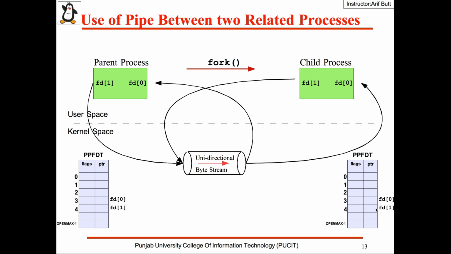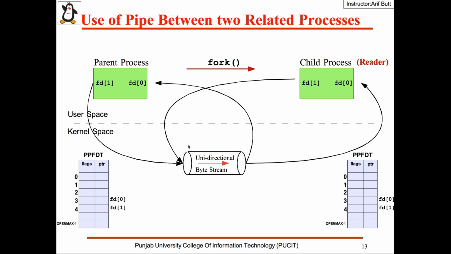Suppose we want that the parent process should write while the child process should read from the pipe. If the child process wants to read from the pipe, it will read from this FD sub 3, and probably this FD4 is not required.